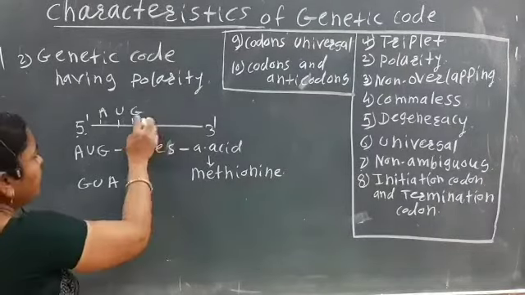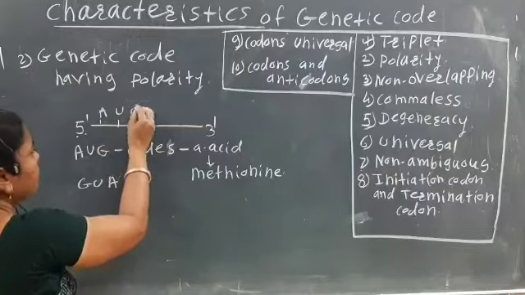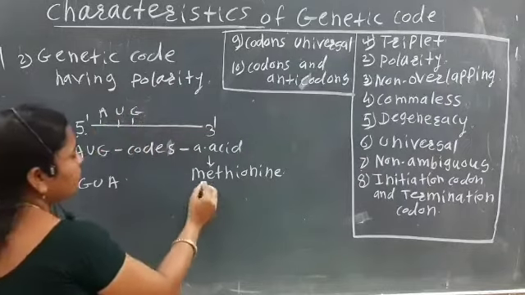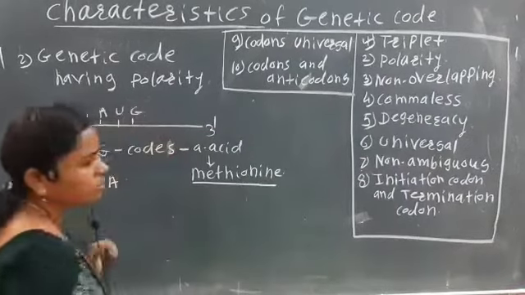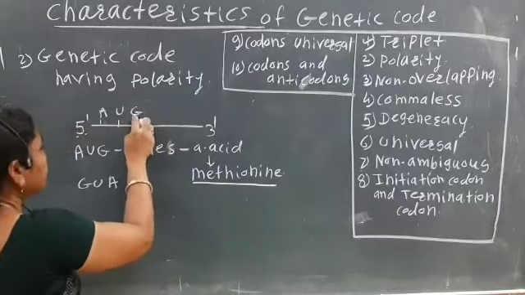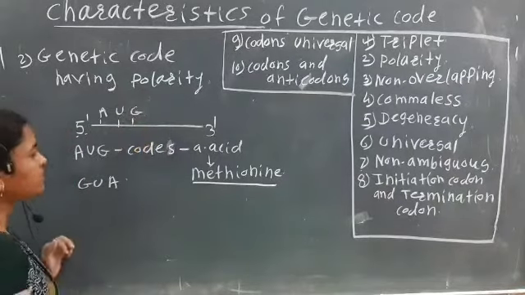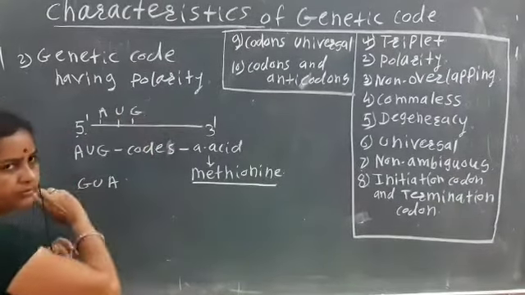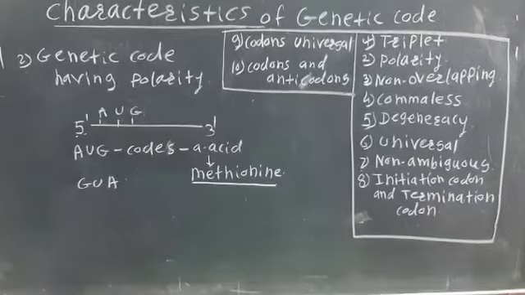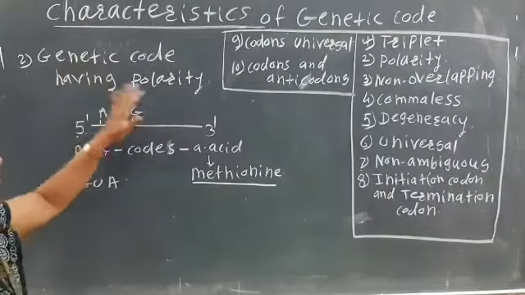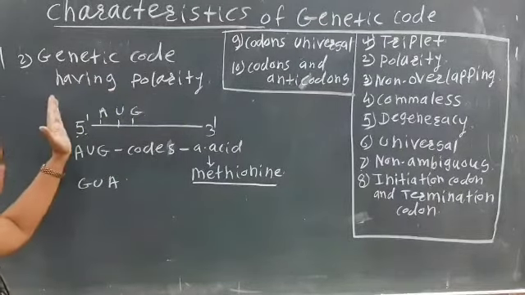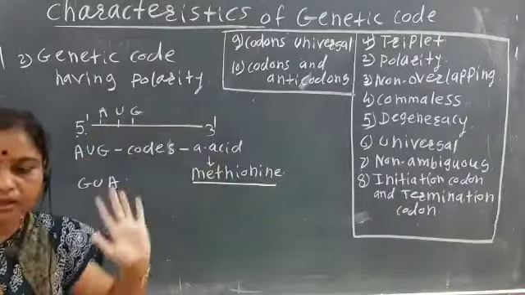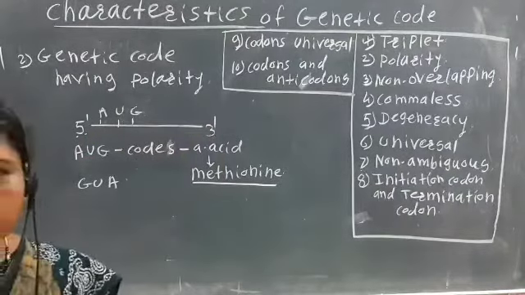If we read from the 3' end to the 5' end, then which amino acid does this AUG code? Methionine. If we read it as GUA, it will be wrong. So the genetic code has polarity, that is, it is read from the 5' end to the 3' end.